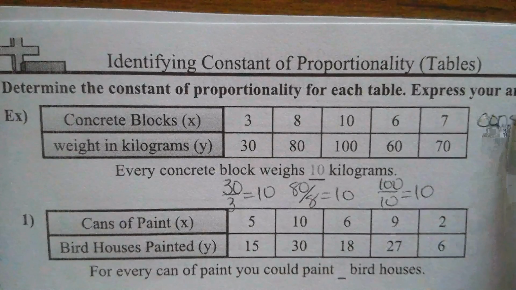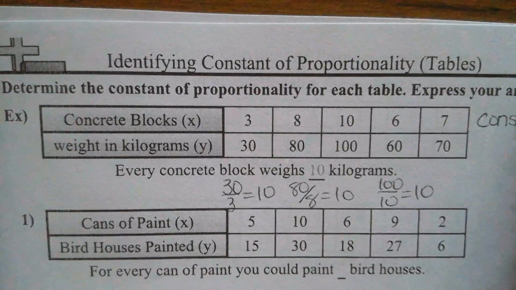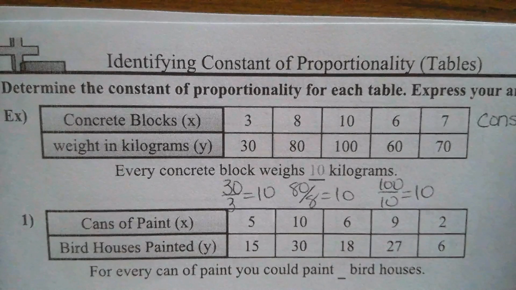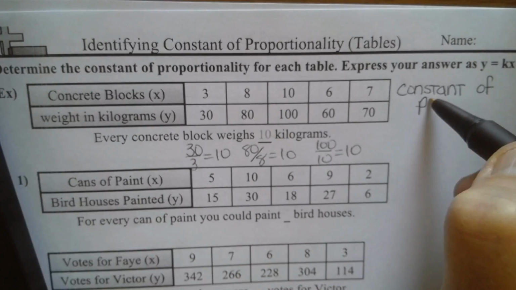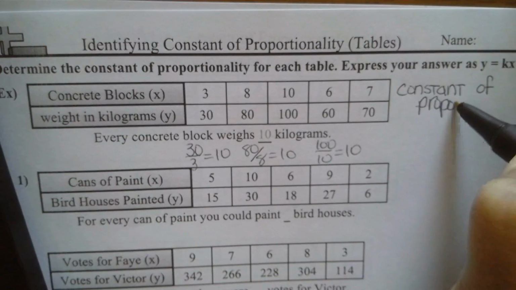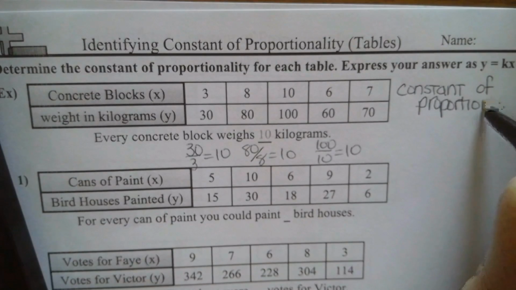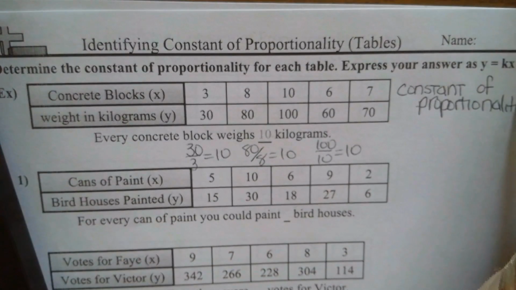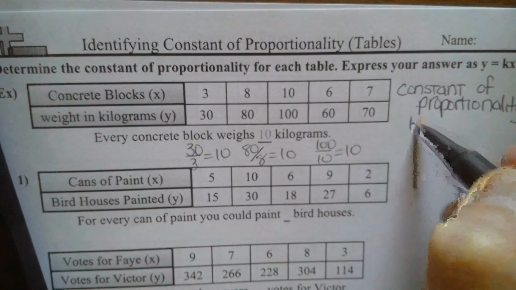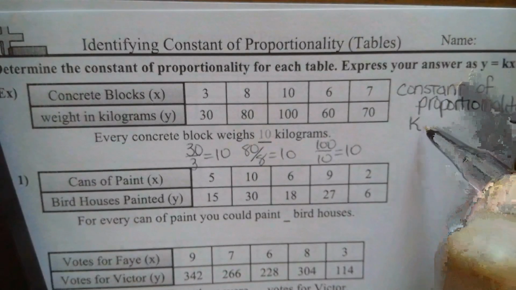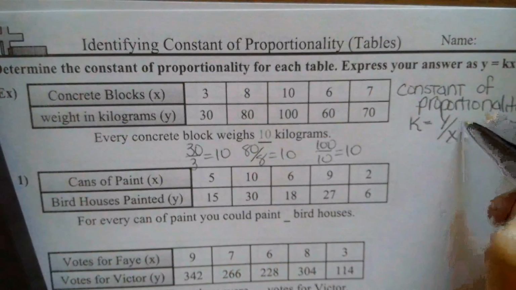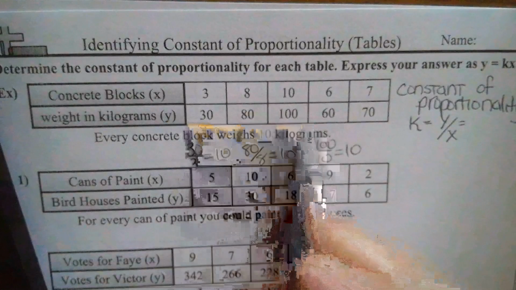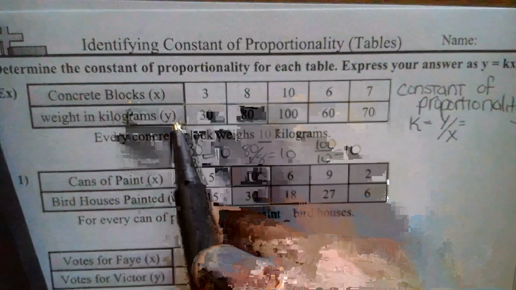So the constant of proportionality is a K in a formula, and that equals y divided by x. Well, if you notice, y is any of these, and x is any of these.